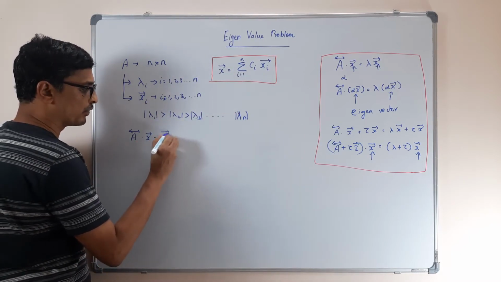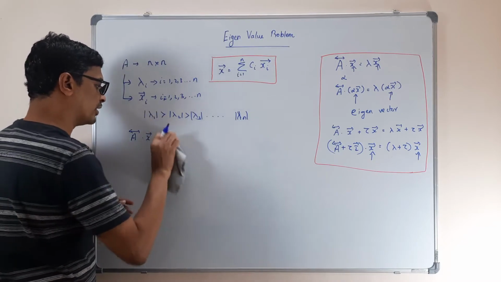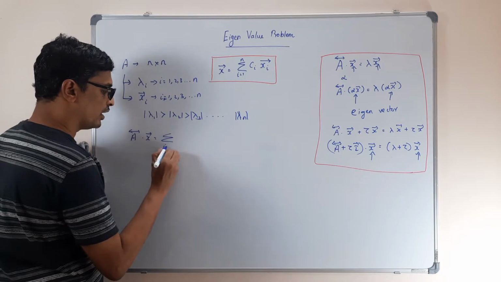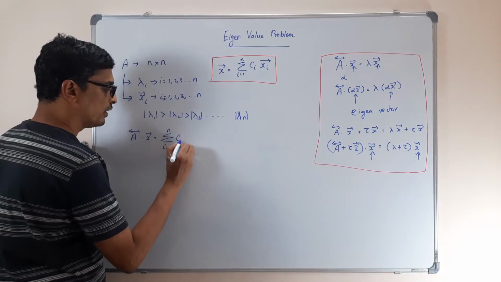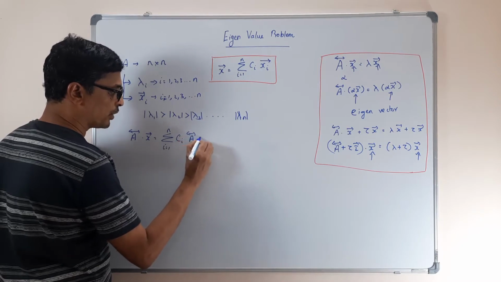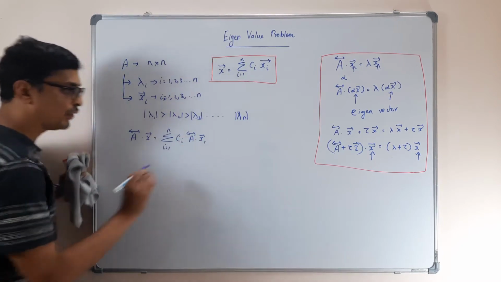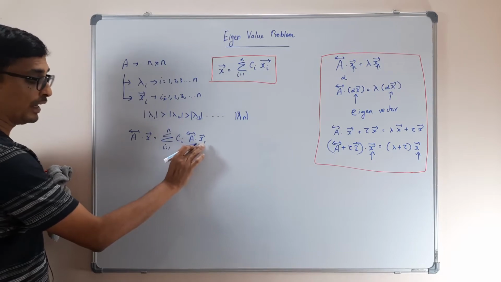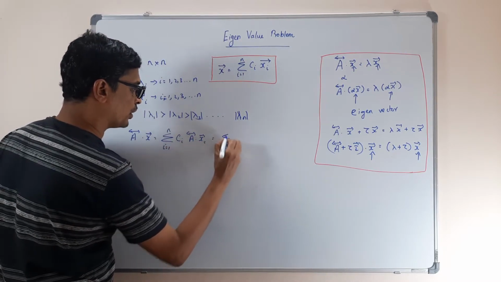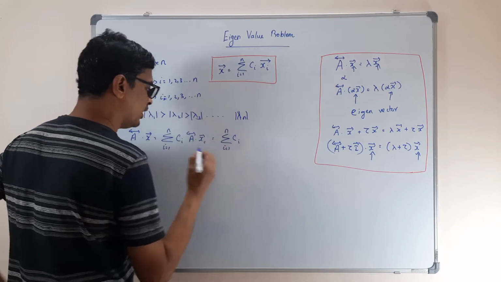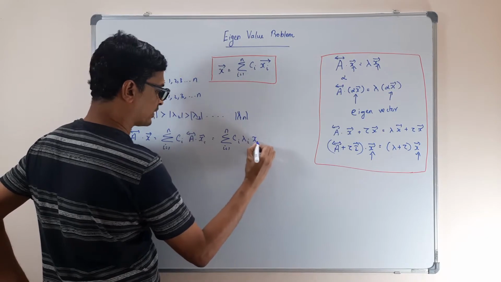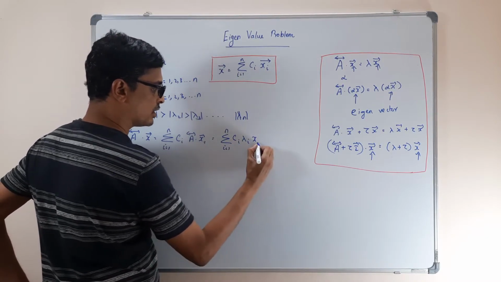This will be the summation from i equal to 1 to n of c i, with matrix A operating on x i, which is our eigenvector. Of course, this is the summation from i equal to 1 to n of c i, lambda i, into x i, the eigenvector i.